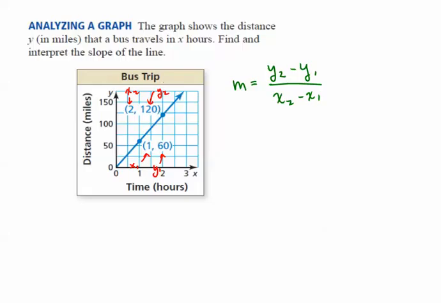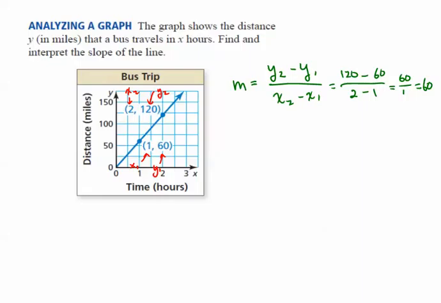So y2 is 120 minus y1, which is 60, over x2, which is 2, minus x1, which is 1, and so we end up with a slope of 60 over 1, which is 60.